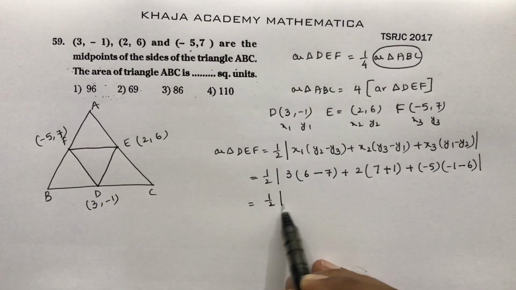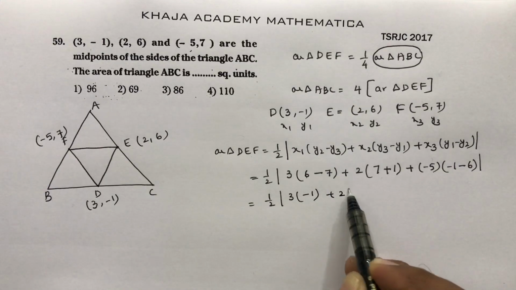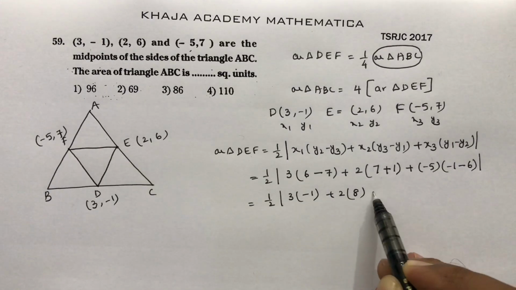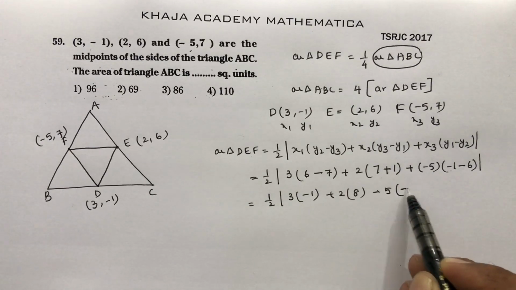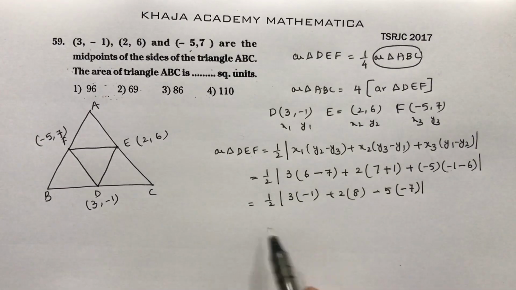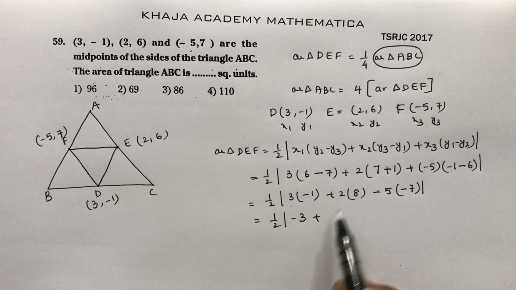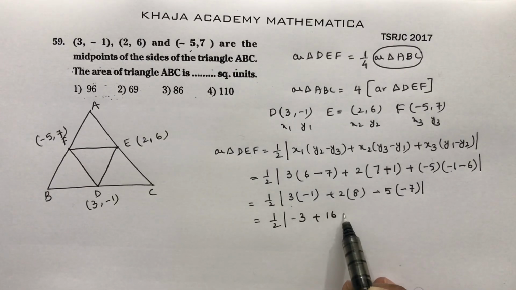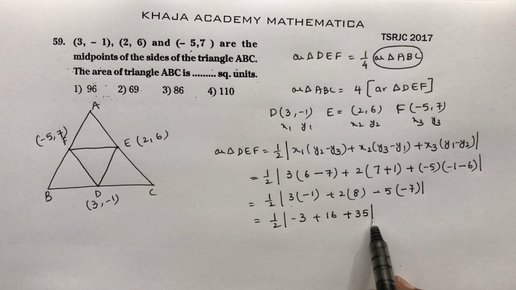So half, 3 times (6 minus 7) is minus 1, 2 times (7 plus 1) is 8, plus into minus 5, minus 1 minus 6 is minus 7. Half, 3 times minus 1 is minus 3, 2 times 8 is 16, minus into minus plus 7 times 5 is 35.